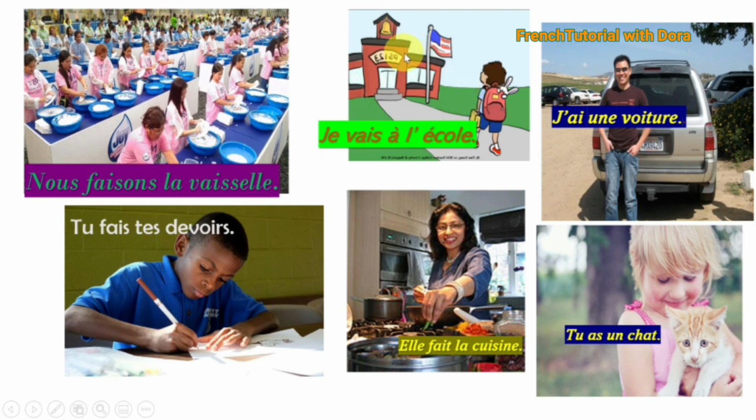I'm going to school. J'ai une voiture. I have a car. Tu fais tes devoirs. You're doing your homework. Elle fait la cuisine. You can see she's cooking. Tu as un chat? You have a cat.